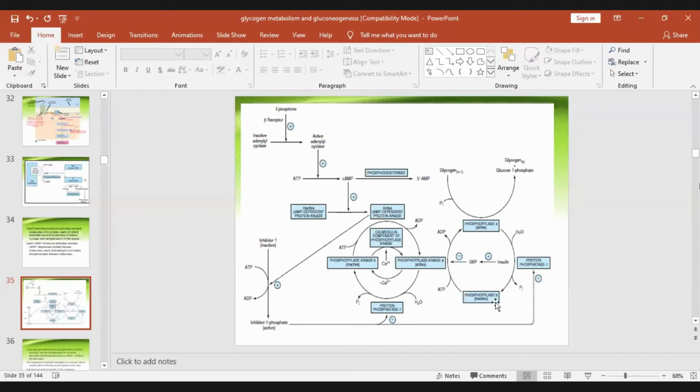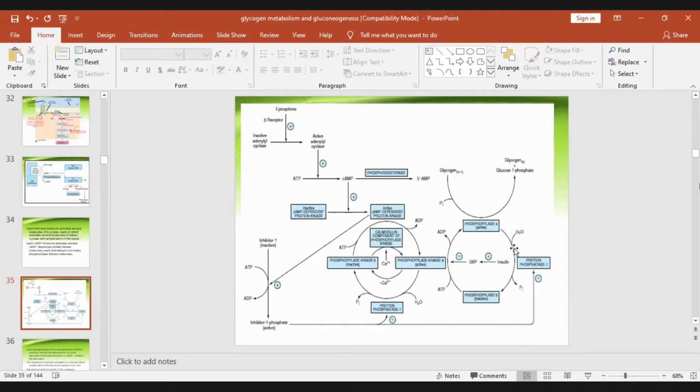So phosphorylase B, the inactive form, is activated to phosphorylase A. And then insulin activates an enzyme called protein phosphatase. It also increases glucose 6-phosphate and activates phosphatase. Glucose 6-phosphate as such inhibits phosphorylase B.